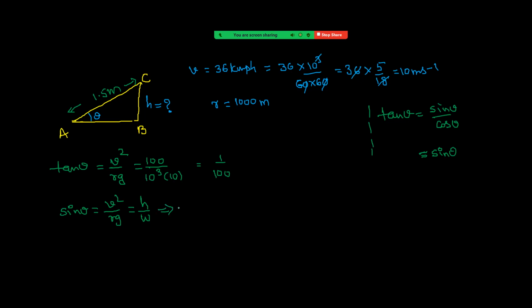So from this I can write height of the road h equal to w into v square by rg. Remember, this is only for small angles. So width is given, v value is 10 meter per second, r is known, g value is known. So we get the value of h.